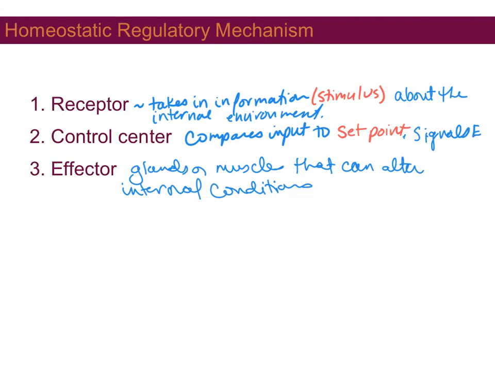The effector, generally they're glands or muscles, and so they can do something to alter internal conditions. So next we will look at an example.